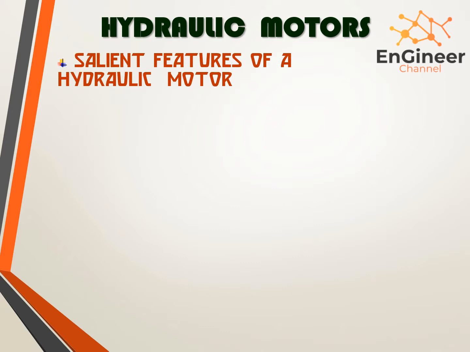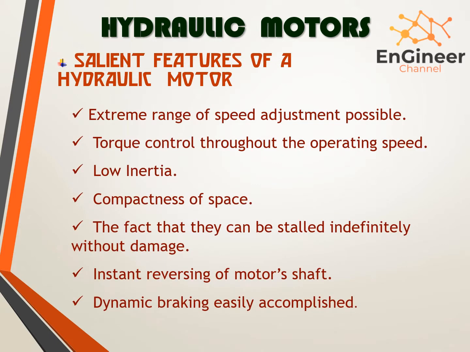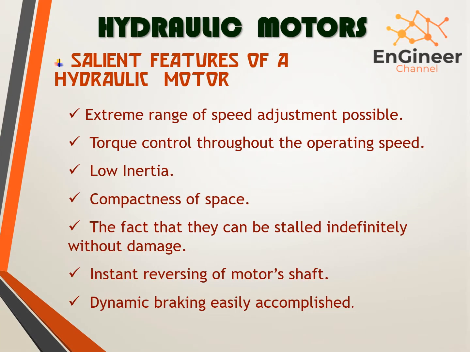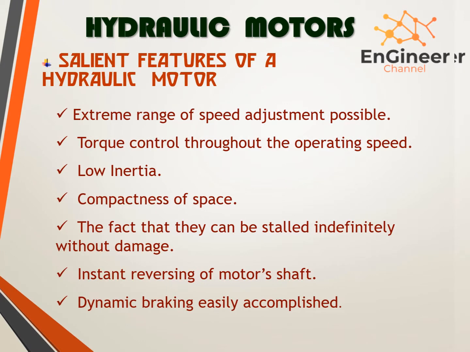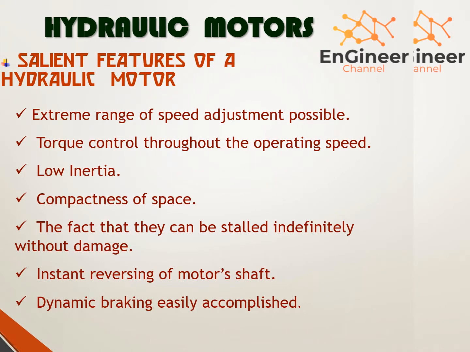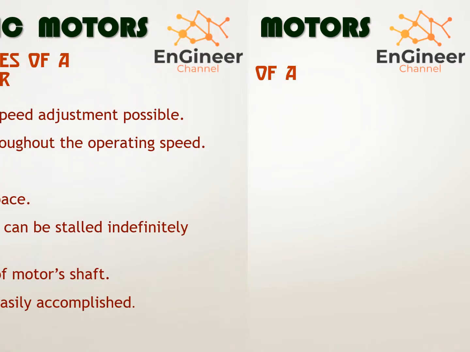Now let's know the salient features of a hydraulic motor. We have extreme range of speed adjustment possible, torque control throughout the operating speed, low inertia, compactness of space, the fact that they can be stalled indefinitely without damage, the instant reversing of motor shaft, and the dynamic braking easily accomplished.